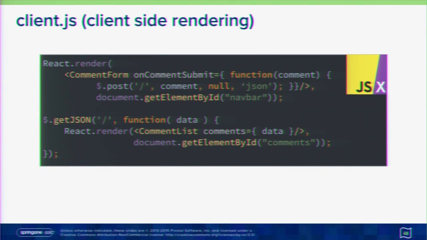When the page is received on the client side, there will be a demo after that to really show how it works, the client.js re-renders the React components in order to add the JavaScript DOM listeners. The comment form component can be rendered directly, while for the comment list components, we need to retrieve the comments thanks to an AJAX request sent with jQuery, and then we render it.